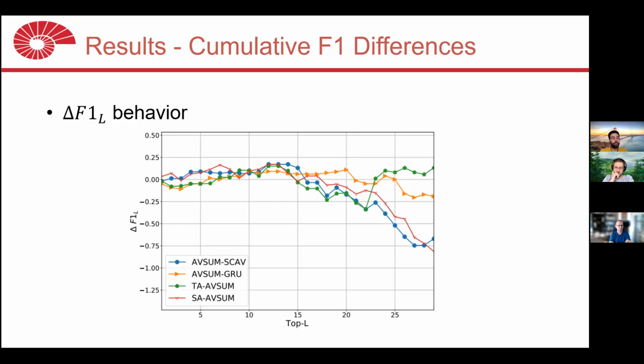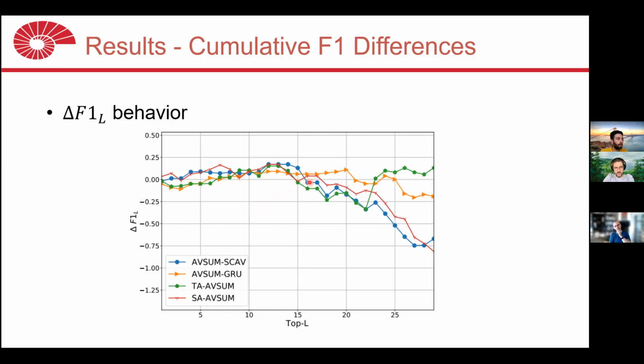Taking this expectation, we inspect this graphic and we see that Awesome GRU, Awesome skip connection AV, and SA Awesome sustain a better performance until top 15. Then Awesome GRU, which is the runner-up model, sustains a better performance than the rest. So almost all of the methods are at least behaving as we expected for the human-centric and non-human-centric videos.